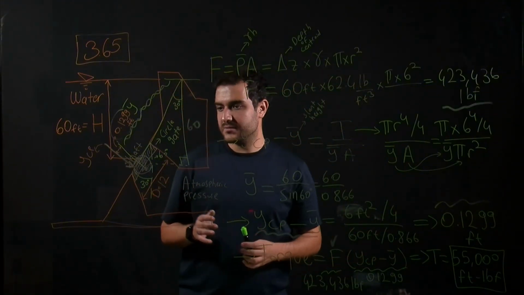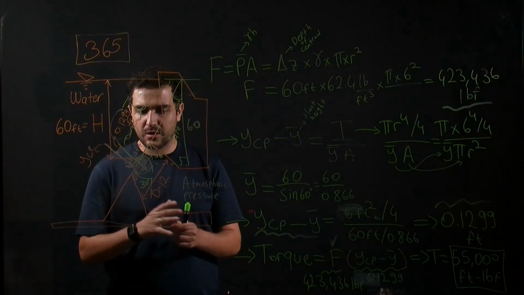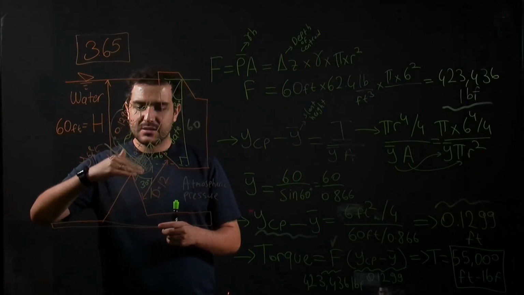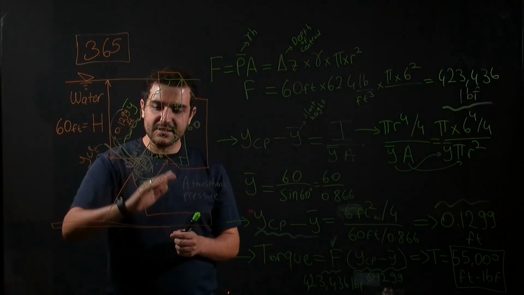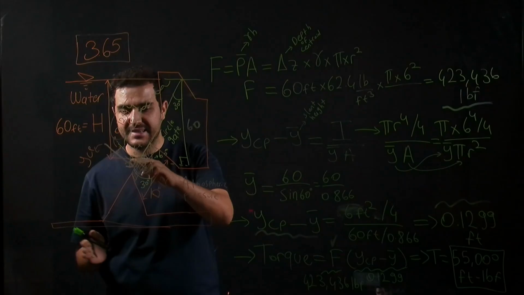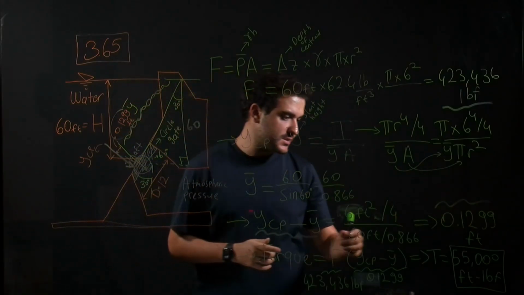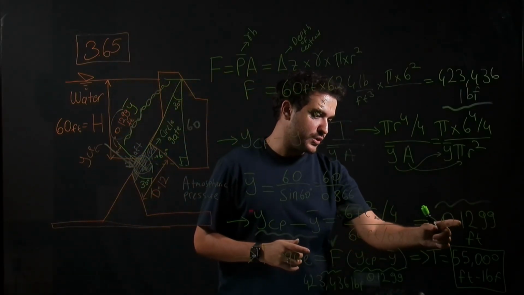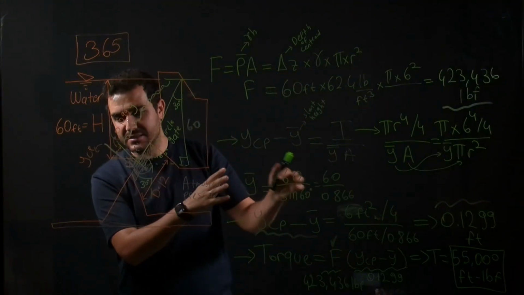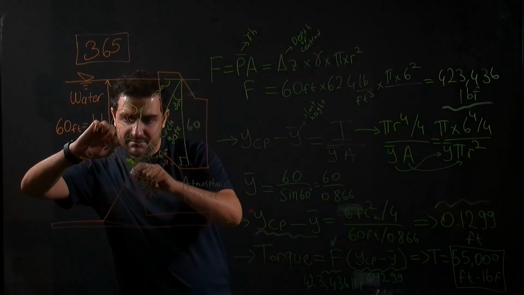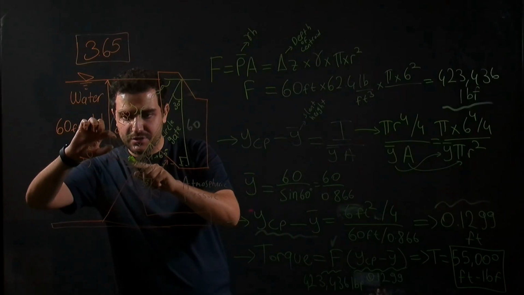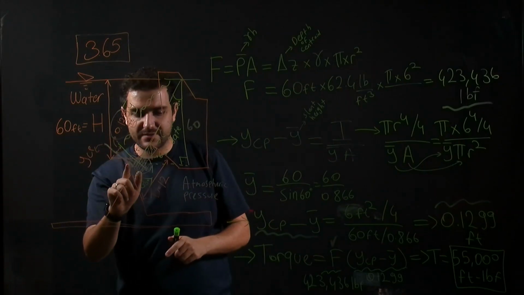To find the torque that is required to hold this valve in this position, we need to find the force acting on this gate times the distance between the center of pressure and centroid. We calculated this distance as 0.1299, and we have this hydrostatic force.